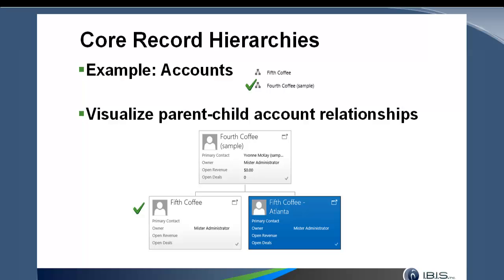And when you click on it, you can get a visual representation of your parent-child account relationships. This is useful whenever you as a company are selling to customers who have branches and subsidiaries and who all have different sales demands from you. You can still work with them, or at least conceptually, in one large hierarchical unit.